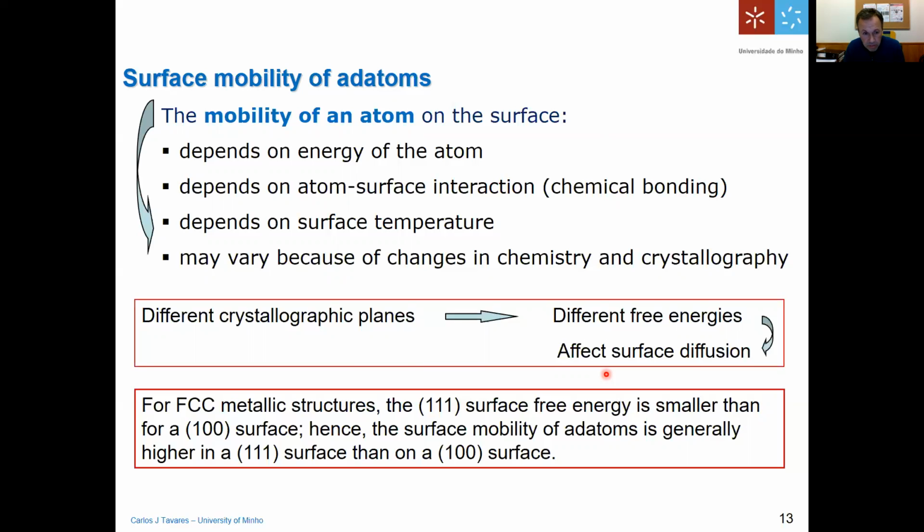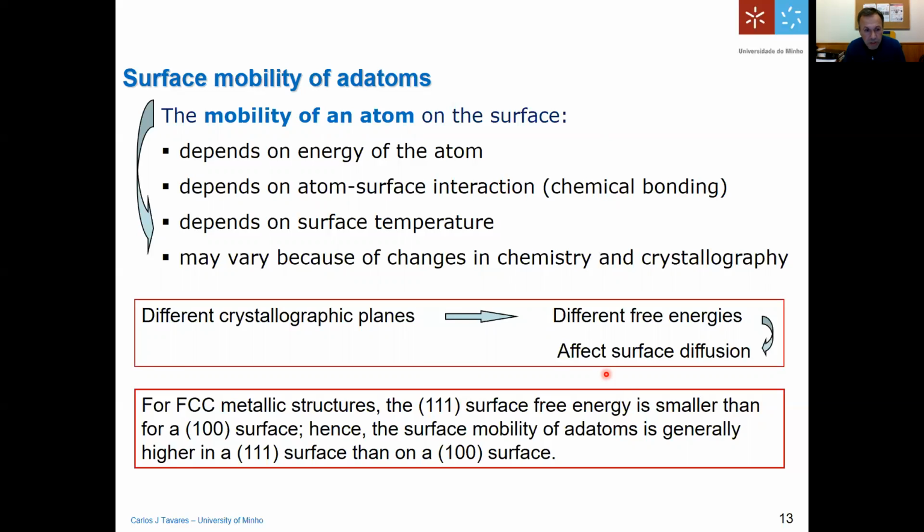For example, if you take copper, which is a face-centered cubic material, like most of the metallic structures. For example, iron, depending on its phase, can also achieve the FCC structure, or the BCC, which is body-centered cubic.